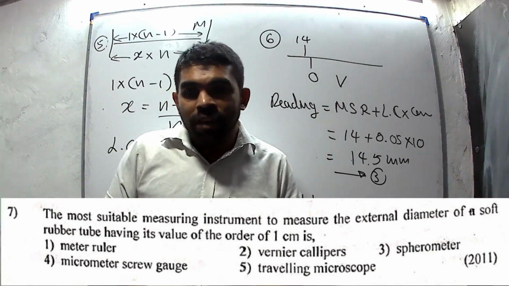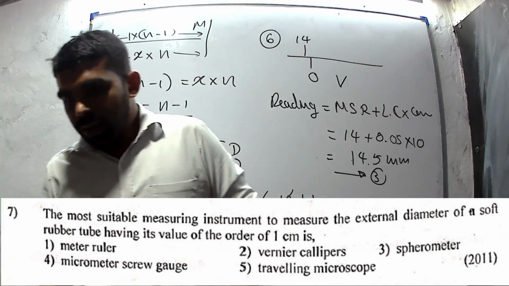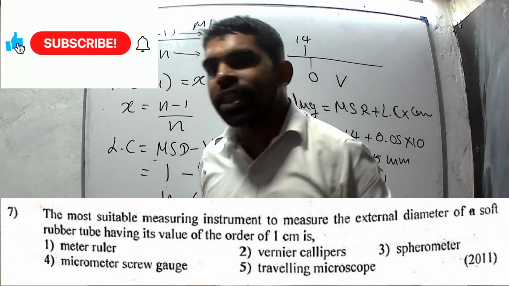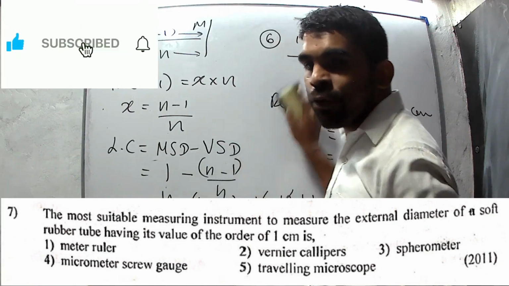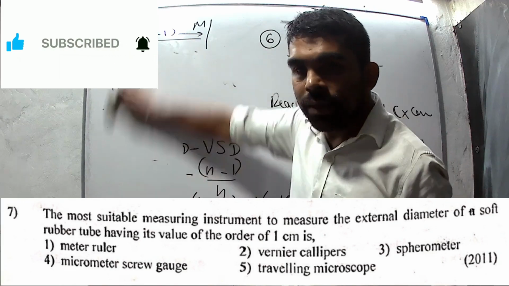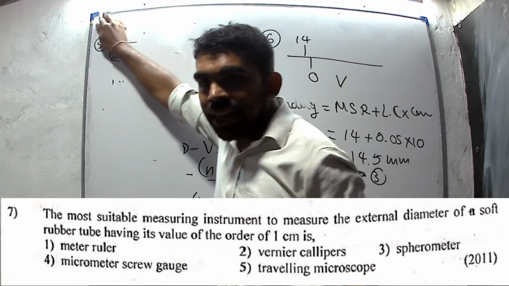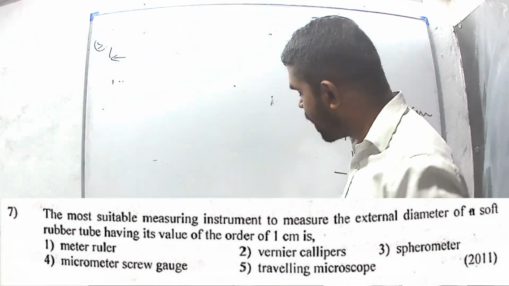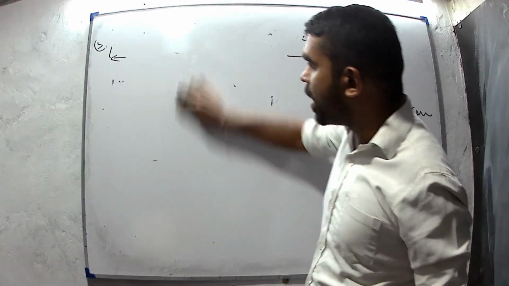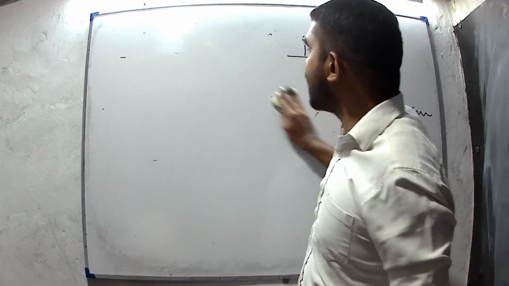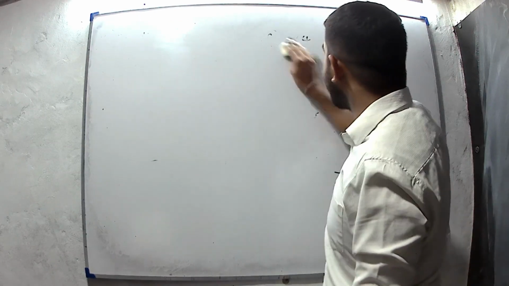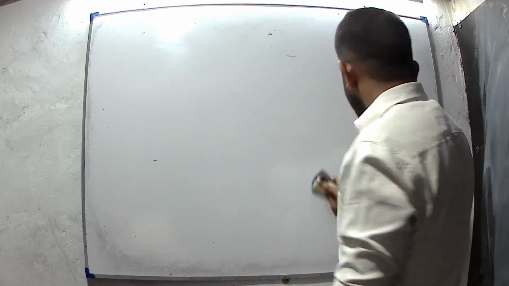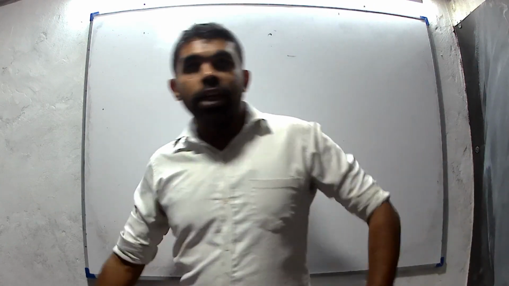Then question number 7. The most suitable measuring instrument to measure the external diameter of a soft rubber tube having its value of order of 1 centimeter is. We know that if we are measuring the external or internal diameter of a rubber tube, its shape is differing.